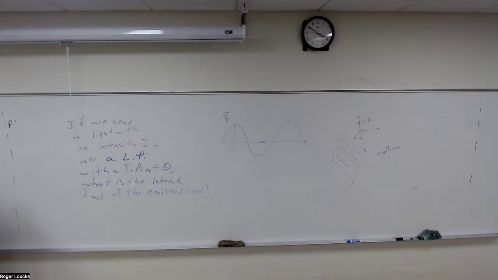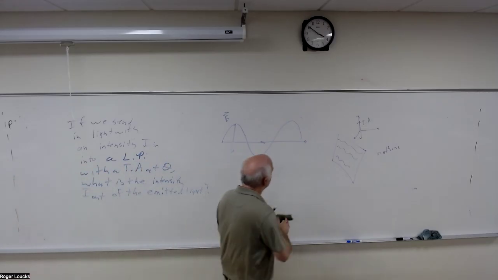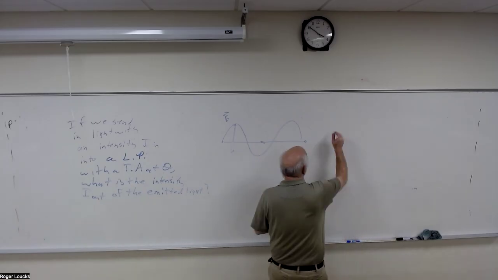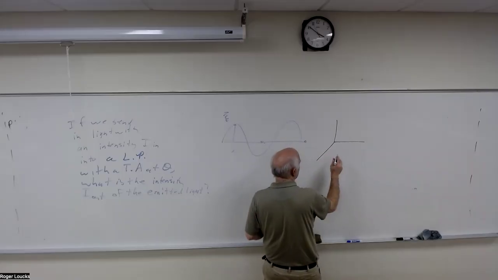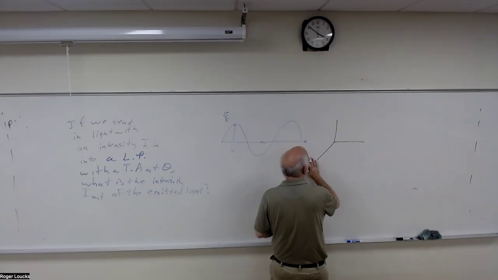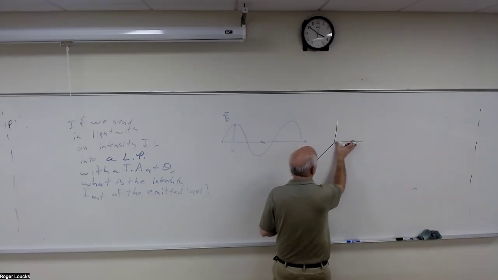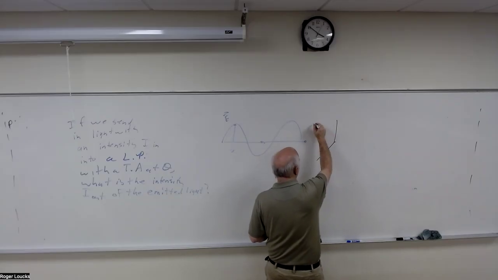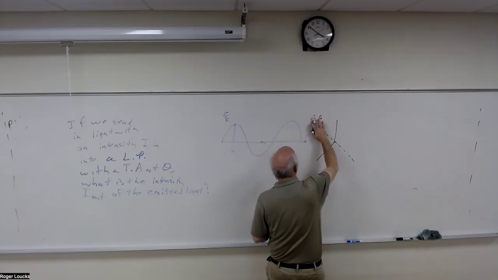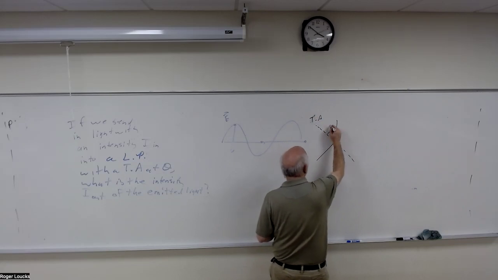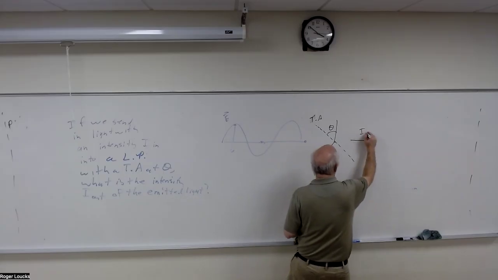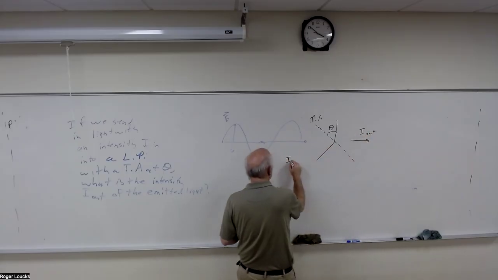And here's my axis like this, and I'm going to say the transmission axis is like this. This is theta. The question is, what comes out? What is I out, if this is I in?